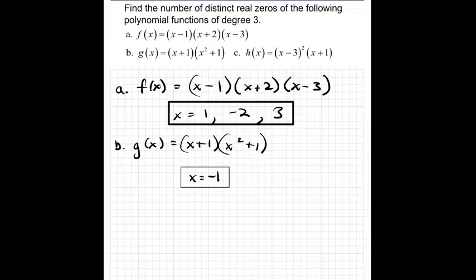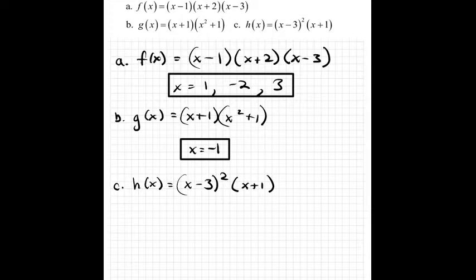So then for part C, we have x minus 3 squared times x plus 1. Again, if we set each one to 0 and solve, we'll get x equals 3 and negative 1.